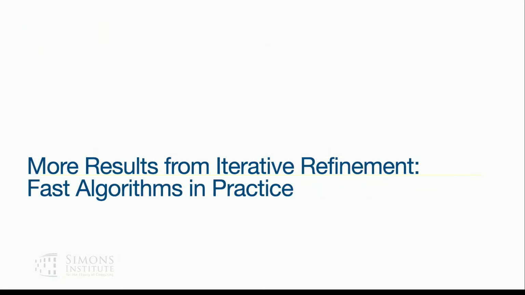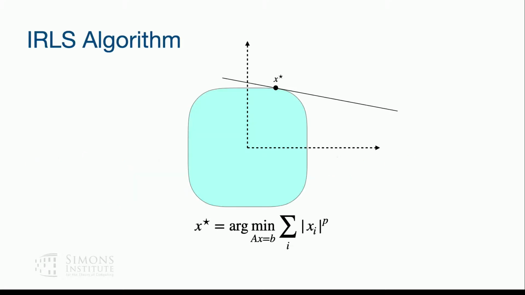Now if we move on to more algorithms in practice, from this framework we can actually get some fast algorithms in practice. We look at a bunch of algorithms, which are these iteratively reweighted least squares algorithms. These look at weighted linear systems, and they solve a different weighted linear system in every iteration.